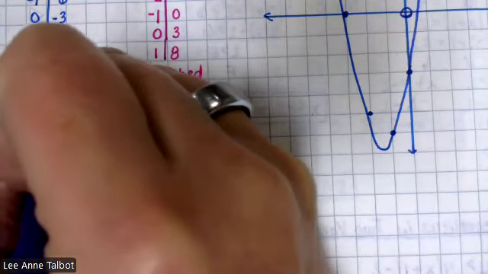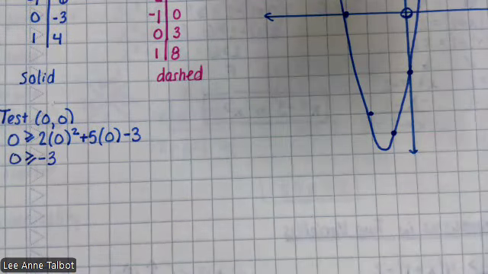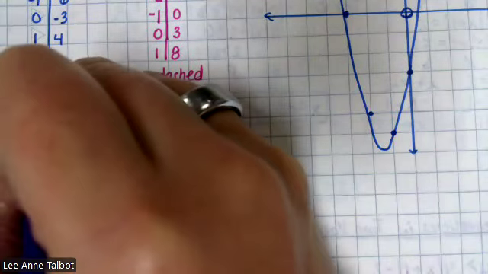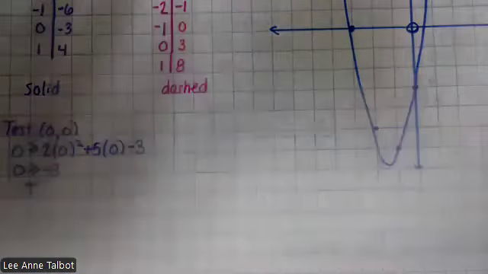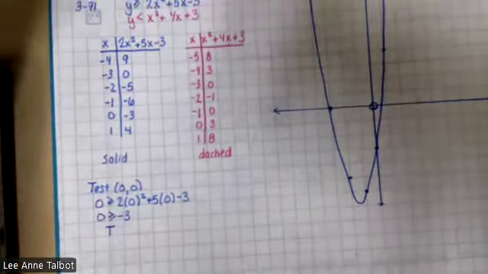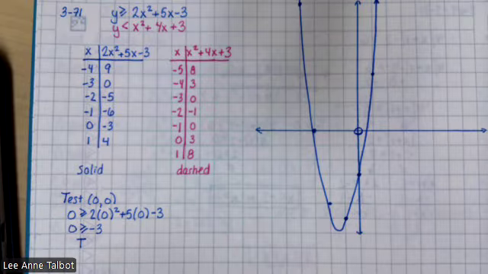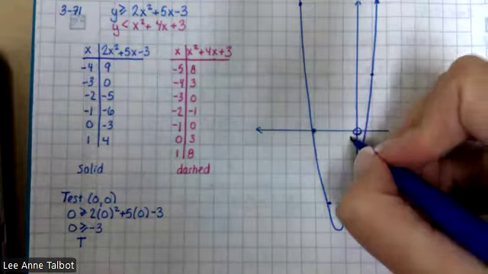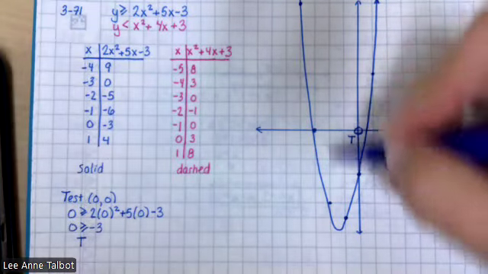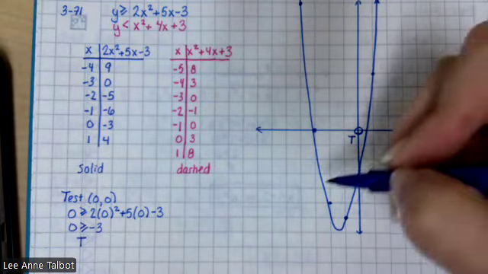Zero is greater than or equal to -3. True. Okay. What do I do if it's true? Do I shade inside or outside the parabola? Inside, right. So it's true there. That means it's going to be true anywhere in here.